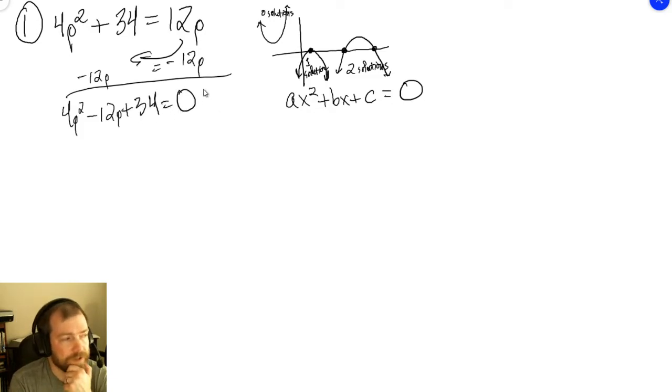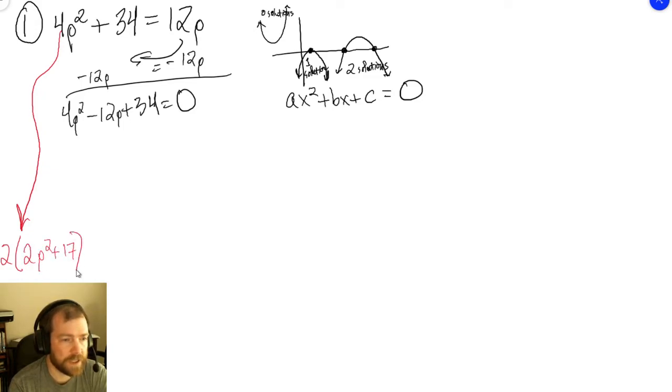I do see a lot of students attempt to solve this equation just as it sits right here. So one of the ways in which a student might not get this correct is to say, okay, I'm going to factor out a 2 from the left side and make it 2p squared plus 17 is equal to 12p.